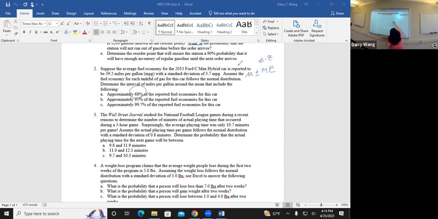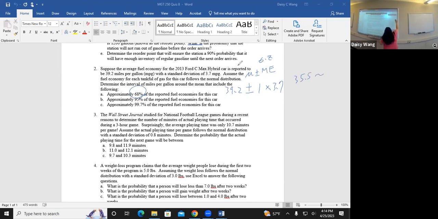So this will be 39.2 plus or minus 1 times 3.7. So the confidence interval of 68% will be 35.5 to 42.9. That's the first one.